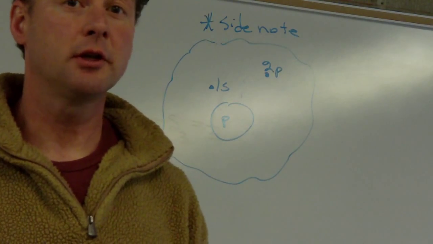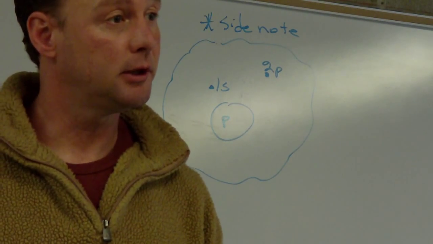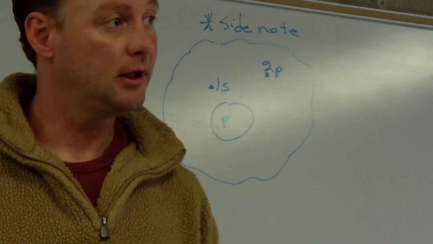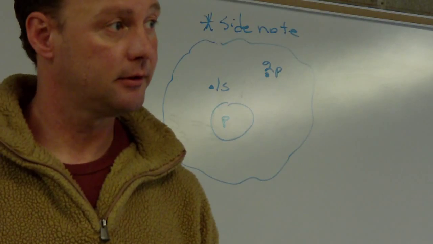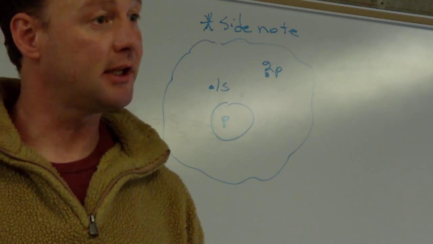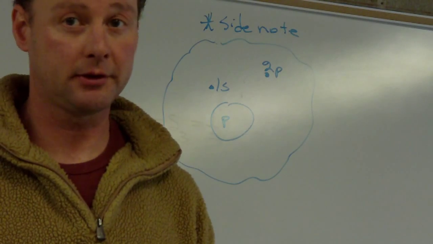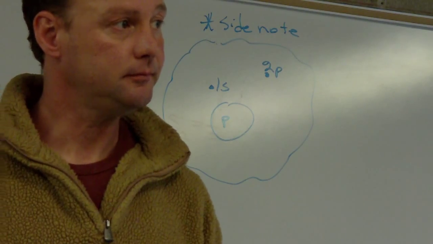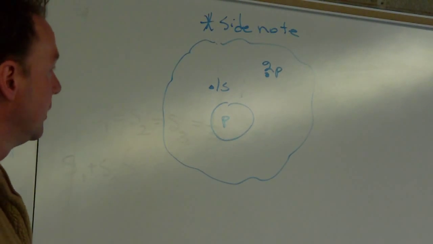In LS coupling, you couple the total L's together, and then the total S's together. With JJ, you do LS for each one, couple the L and S of each together, and then couple it all together. So the LS of the 1S, LS of the 2P.